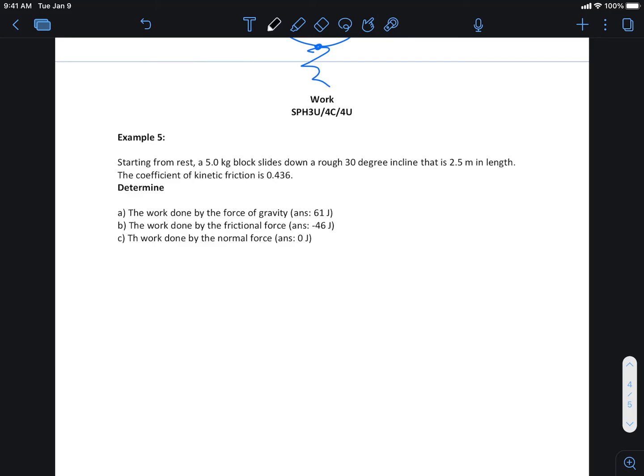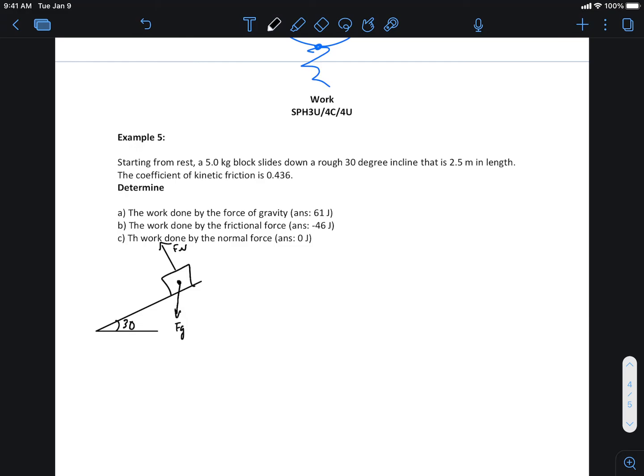Okay, so here's what I got. Got this block, and I've got my incline that's not drawing straight lines. 30 degrees. I'm just going to sketch out the free body diagram here, right? I've got the force of gravity acting straight down. I've got the normal force acting up, perpendicular to the incline.